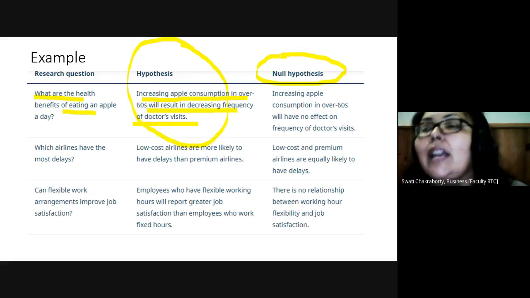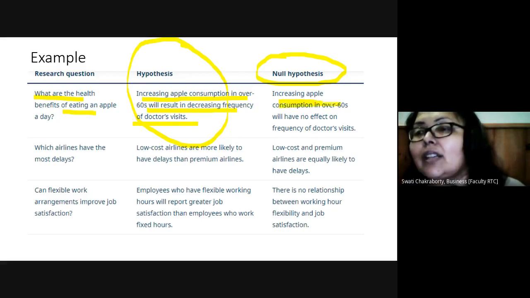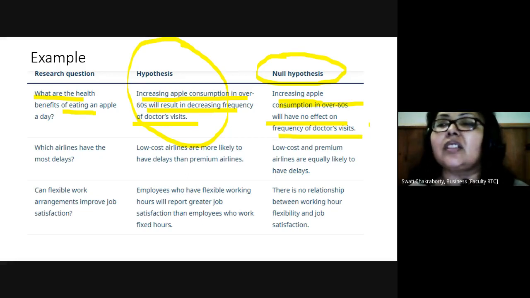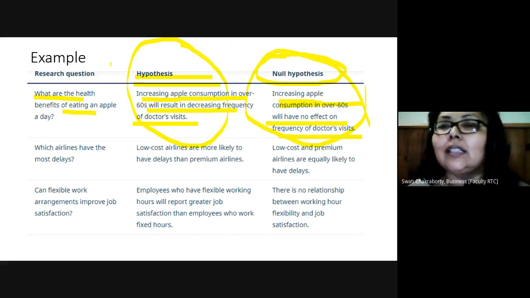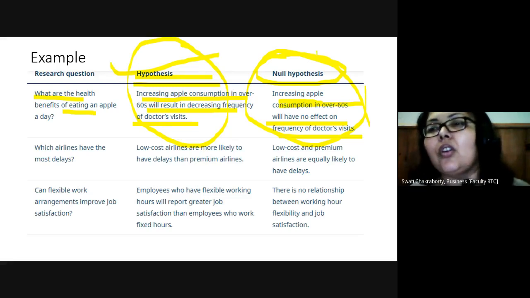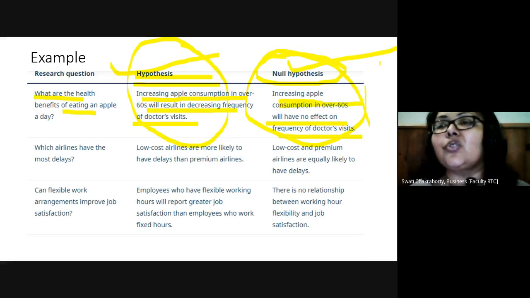That's called the null hypothesis. Null means what is not correct. What have you rejected? That increasing apple consumption in over 60s will have no effect on frequency of doctor's visits. You feel this is not correct, and you're testing this. When you test using the right methodology, either your presumption will be correct, or if it is not correct, then the null hypothesis, which you have rejected, is correct.